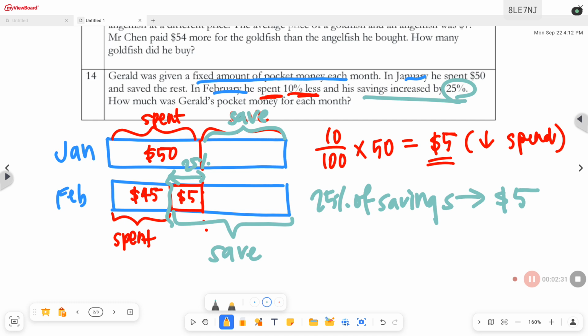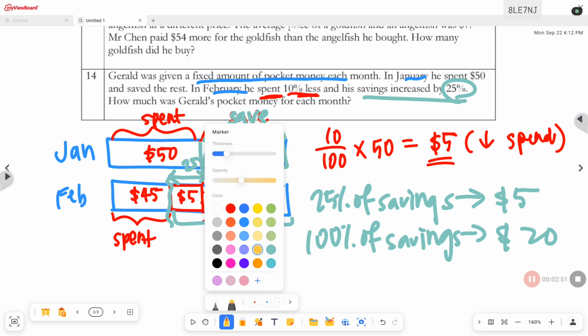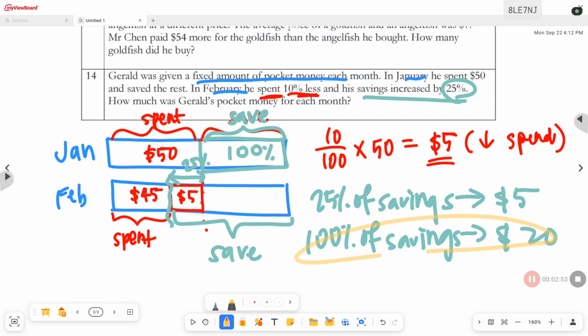I know that this is my 100% because it's my original, and original is always 100%. So 100% of the savings, times 4, will be $20. It means the saving right here is $20, isn't it? So 100% of my savings means this part here is $20.